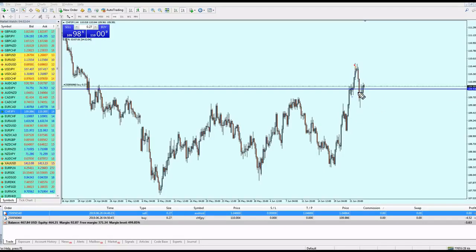This was just a pullback, and even after that the pair is continuing to go more and more up. Again, this is a very strong support level, and that's why I decided to place the buy order. We had a resistance here and a resistance here, so my entry point was actually very accurate, and that's why I'm going to keep this trade running right now.